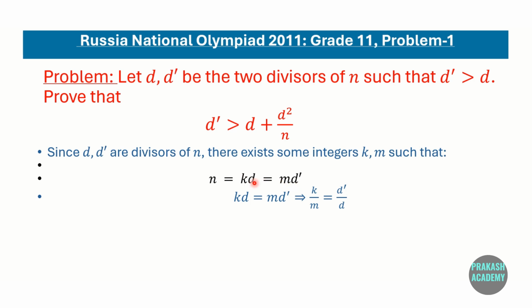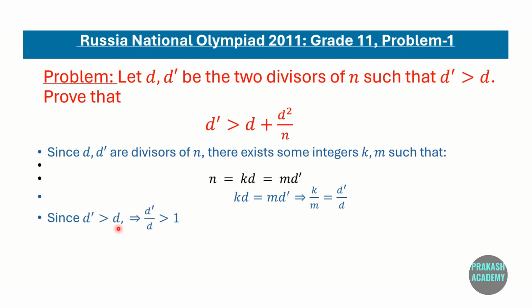Now if I equate these two, that is kd is equal to md dash, and if I cross multiply, taking m this side and d this side, this becomes k by m is equal to d dash by d. But in the problem it is given that d dash is greater than d.